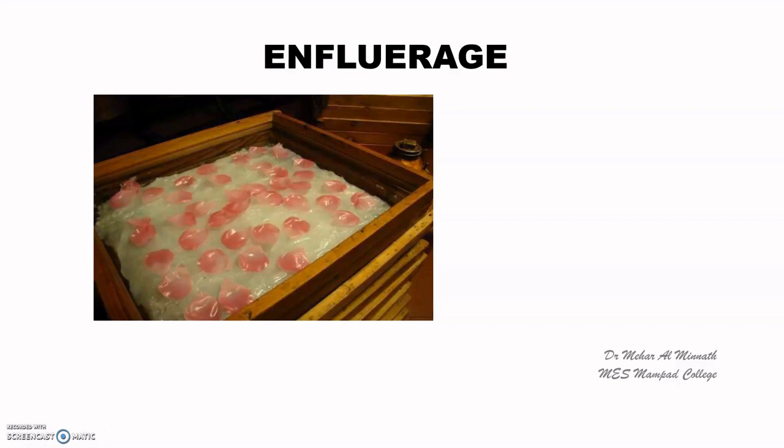Then the essential oils, all the fat soluble essential oils, will ooze out of the plant material into the fat. After 24 hours, remove the petals, place fresh petals on the fat, and continue this process.